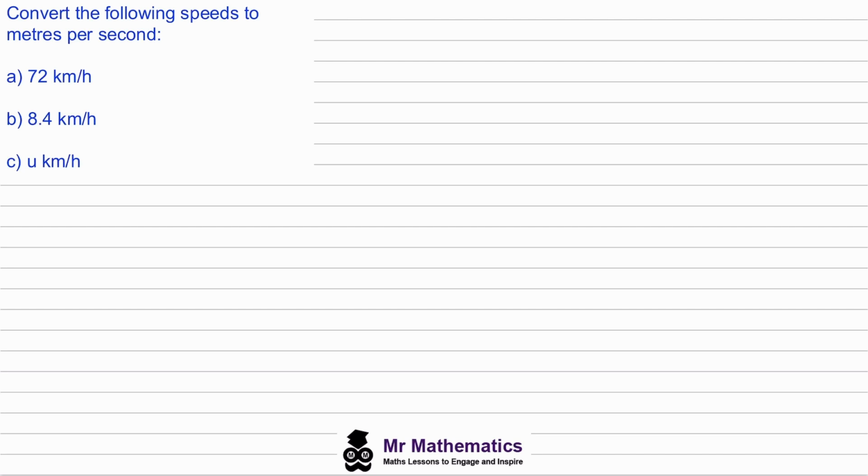So if we begin with converting 72 kilometers per hour into meters per second, we begin by writing a ratio of distance to time. And with 72 kilometers per hour means the time is 1 hour, and this is the same as 60 minutes.